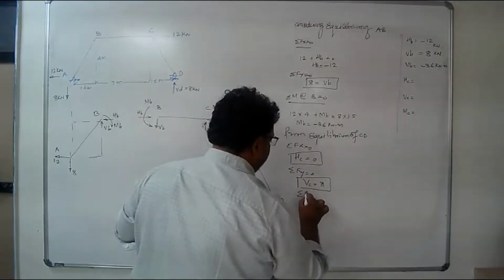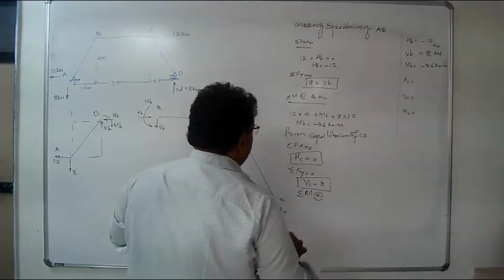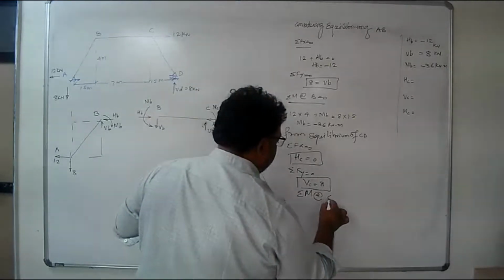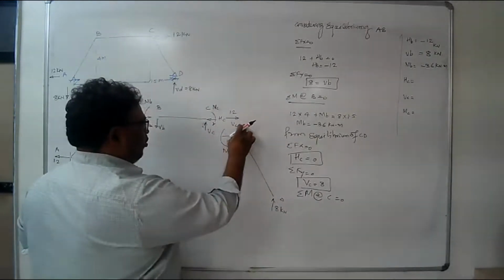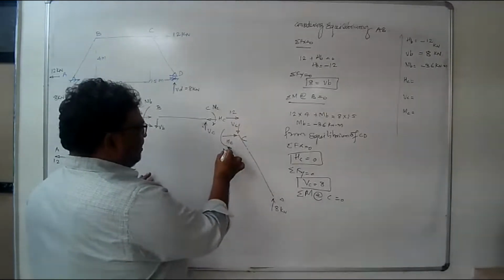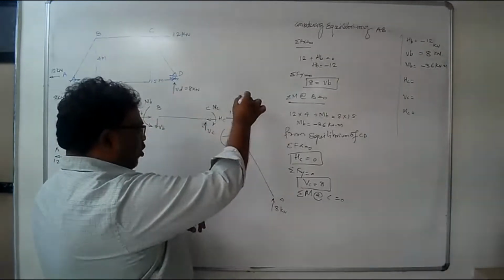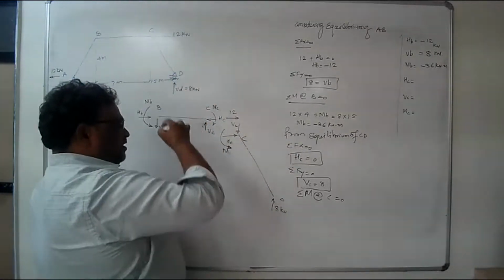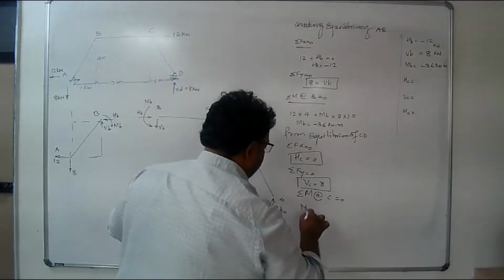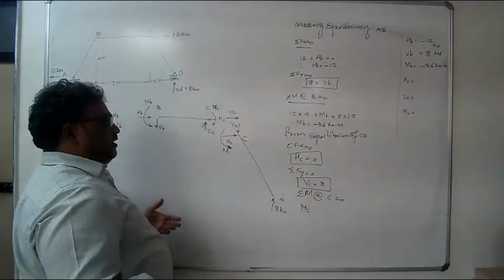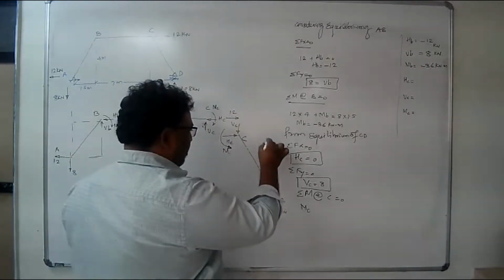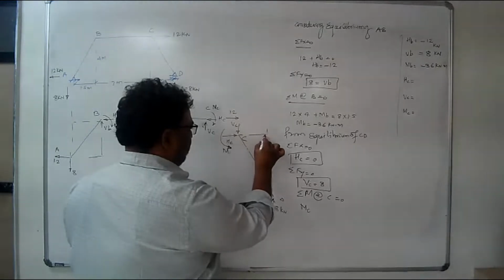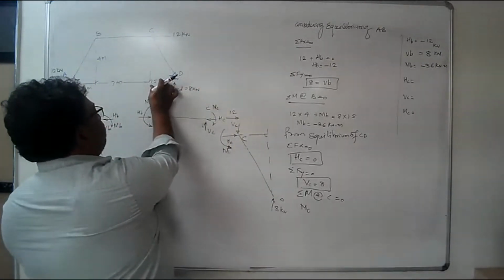Now do sigma moment is equal to 0. I will take sigma moment about C. So that these are the two forces which will be passing here. And see, this moment MC is anti-clockwise, and because of this 8 also the moment is anti-clockwise. So both will be in the same direction. MC need not worry about any distance because it is already moment. Moment of this 8 kN, 8 is acting here, here is the perpendicular distance, and this distance is equal to 1.5.